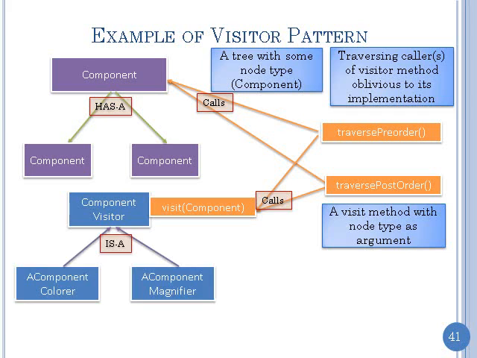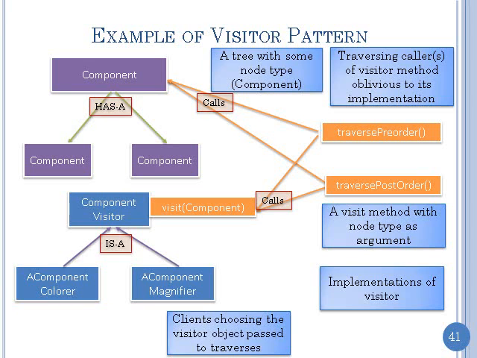And we could have multiple such traversers, and you can have various kinds of implementations of the visitor interface. And finally, this all has to be put together. The traverser says, you give me a visitor, I'll visit every node in the tree. Somebody has to commit to the visitor at some point. That's going to be the caller of the traverser, which we'll just call the client. It chooses the visitor object and the traverser, chooses the exact implementation, and passes it to the traverser. And that's what we have in general. Okay?